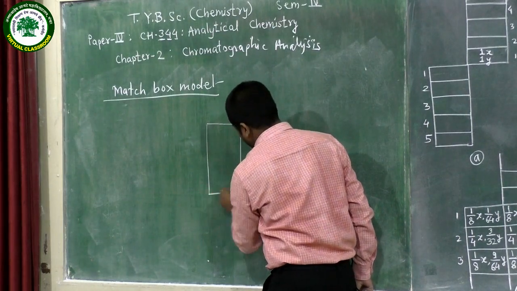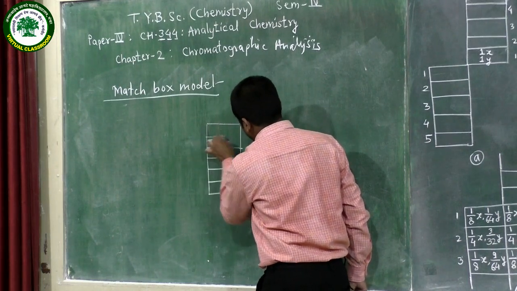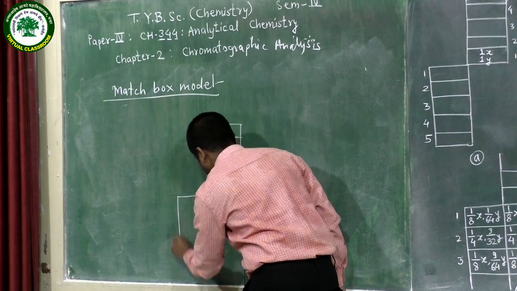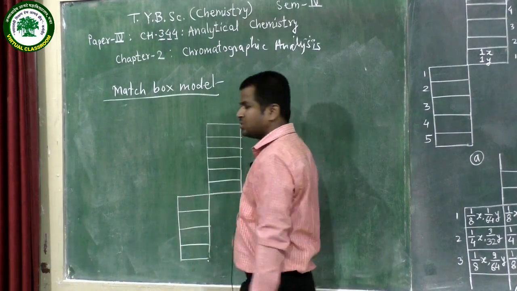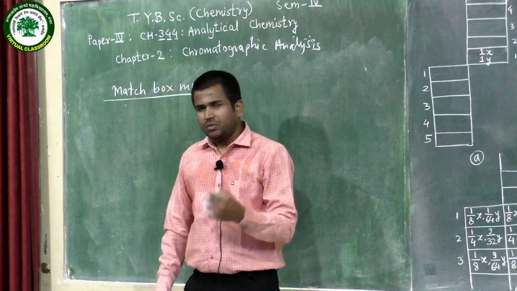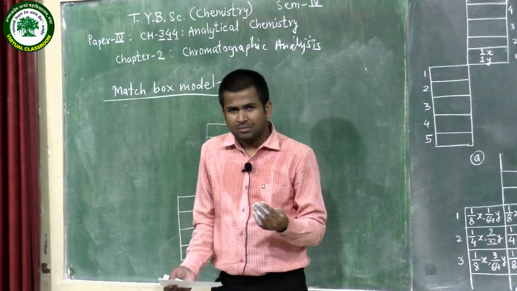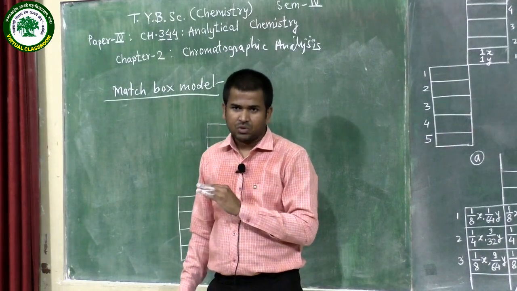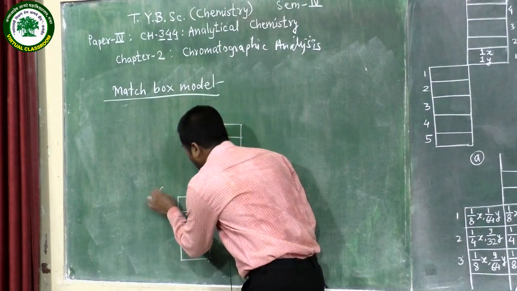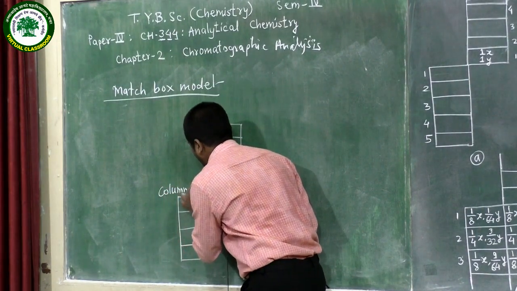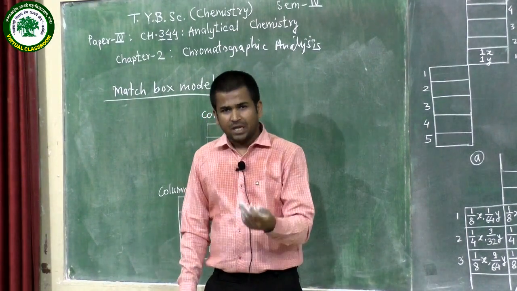Suppose we have a matchbox model which consists of two columns, column 1 and column 2, which are in contact with each other. Column 1 is a stationary liquid phase and column 2 is a mobile liquid phase.